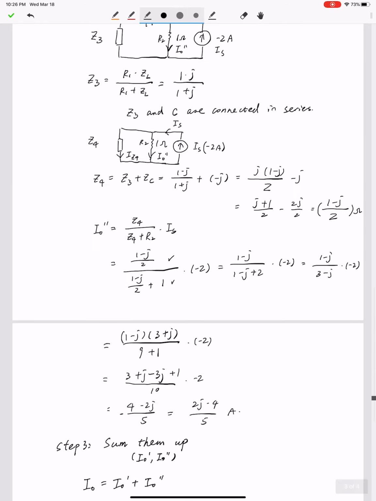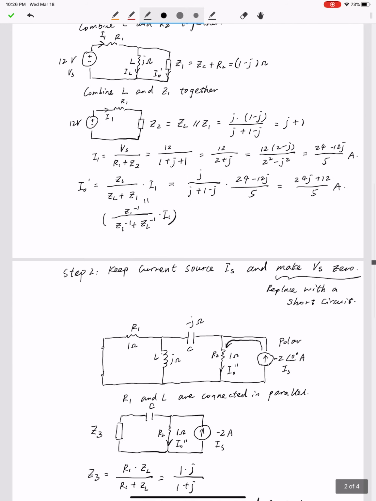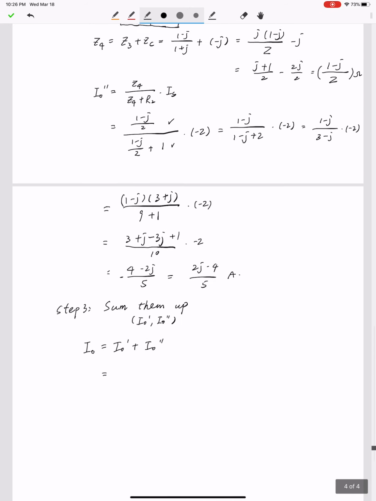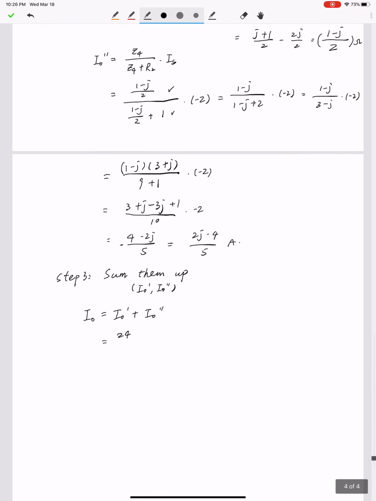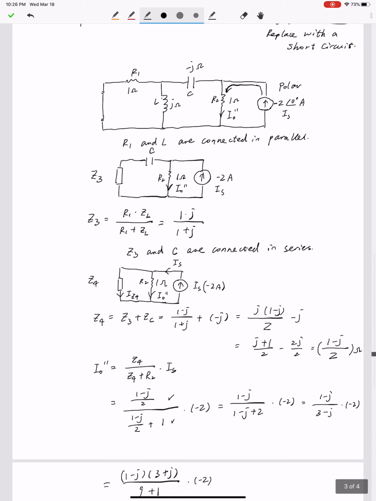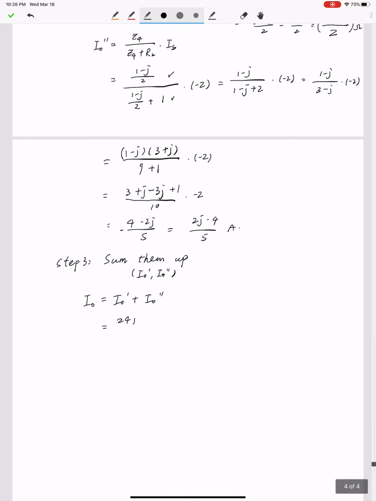I naught dot, as we calculated previously, is 24j plus 12 divided by 5. I naught double dot is 2j minus 4 divided by 5. By summing them together, we have 8 plus 26j divided by 5.